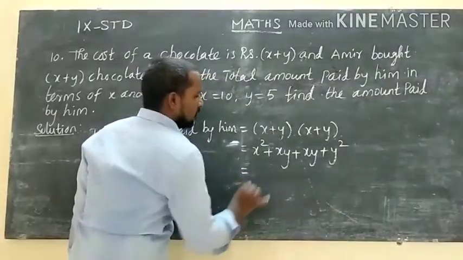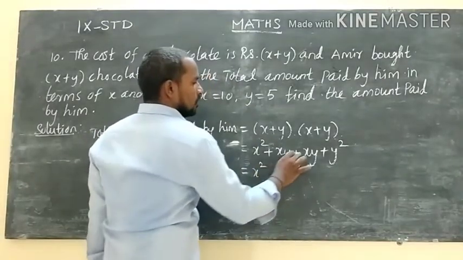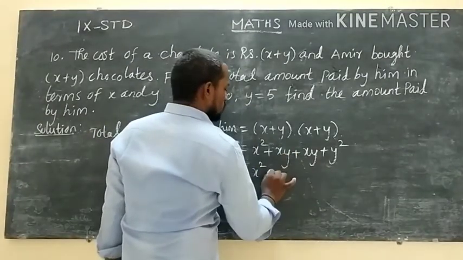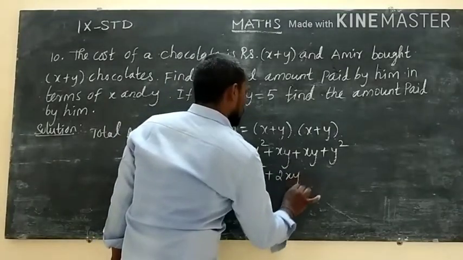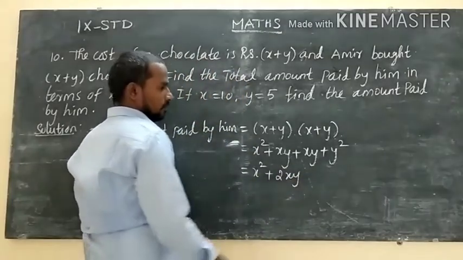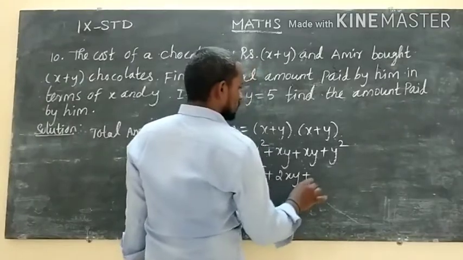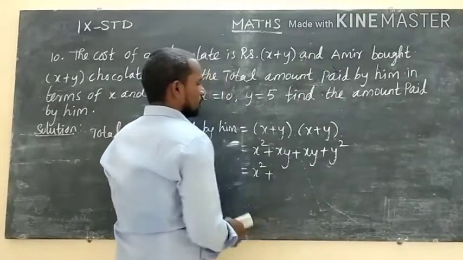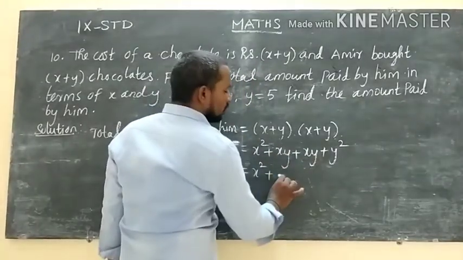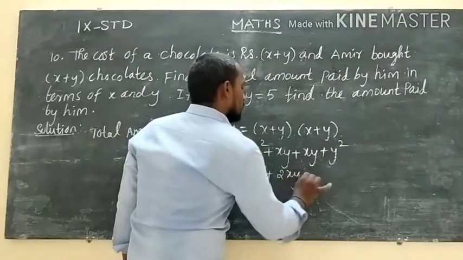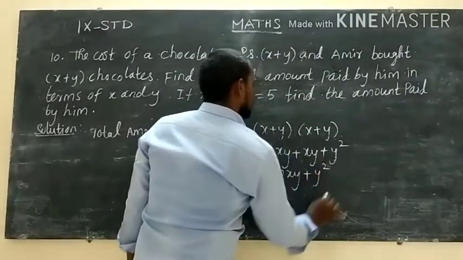Then the simplification is x square plus 2xy plus y square.